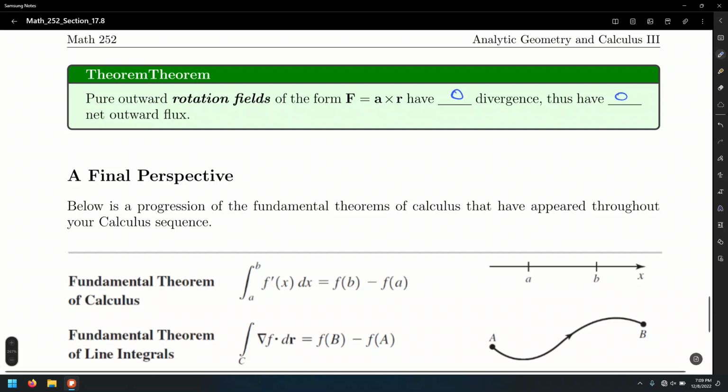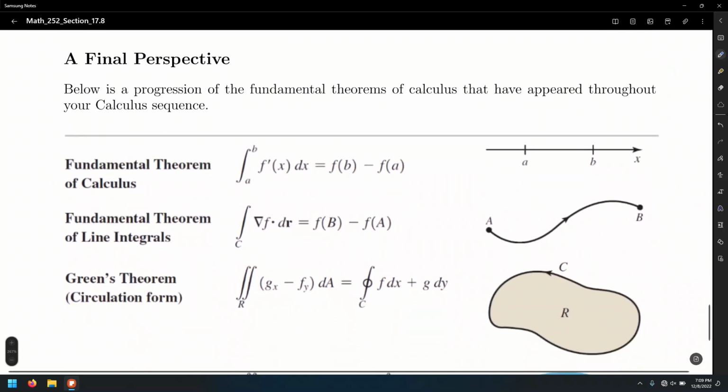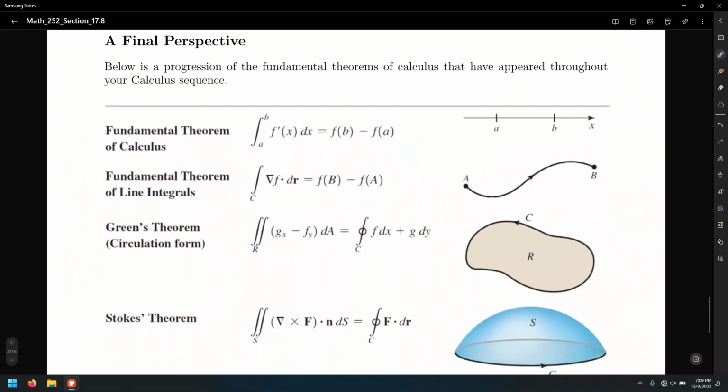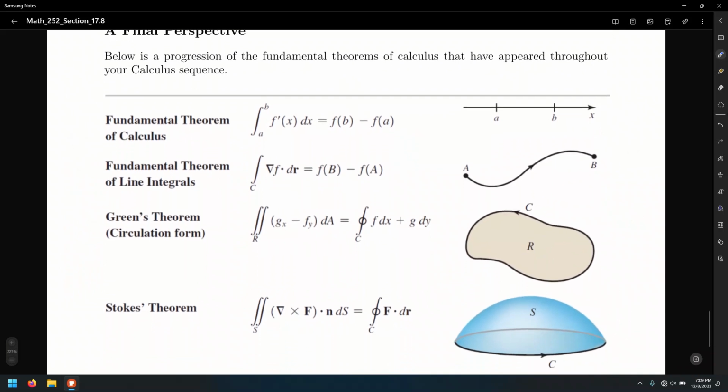And as a final perspective, just to put everything together, here is pretty much a historical review of what we did throughout the whole calculus course. We first learned about the fundamental theorem of calculus. We added all these infinitely many derivatives to come up with the area under the curve.